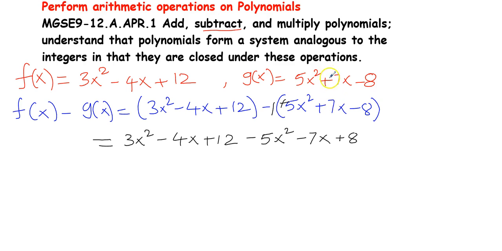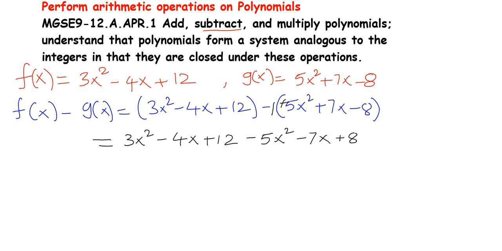So this second function, the function which is being subtracted, I have to change their sign. That's the only thing I have to remember. Plus 5x square changes to minus 5x square, plus 7x is minus 7x, and that negative 8 changes to positive 8.